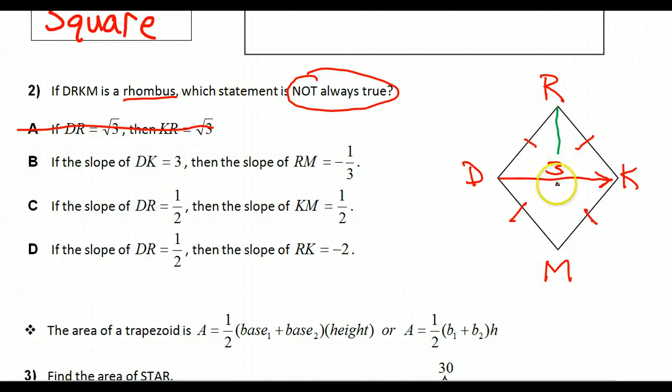Here's RM. We're talking about the diagonals. If we have a slope of 3 and then a slope of -1/3, those are perpendicular because they're opposite and reciprocal. So we are really asking, are the diagonals of a rhombus always perpendicular?